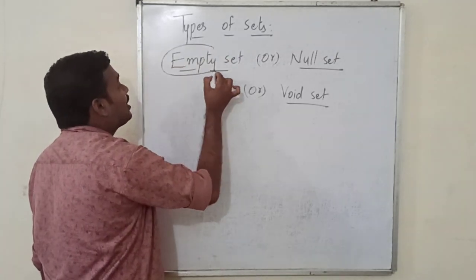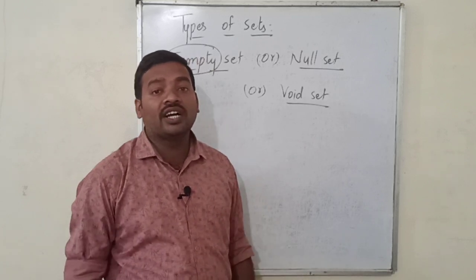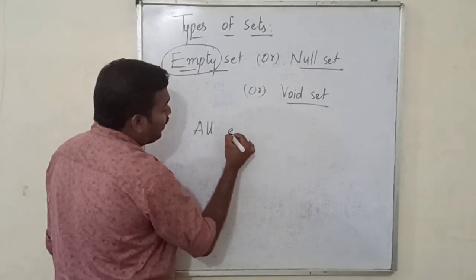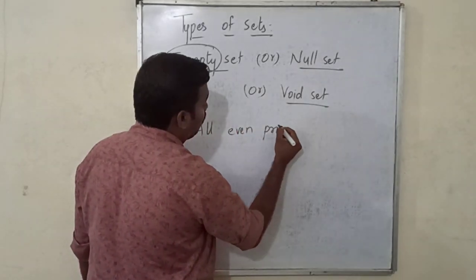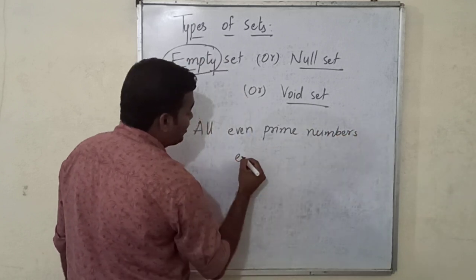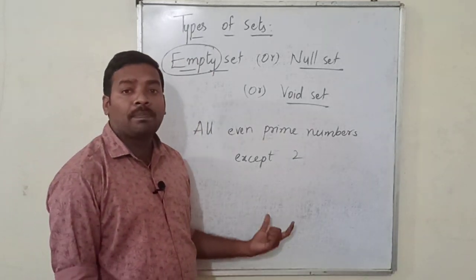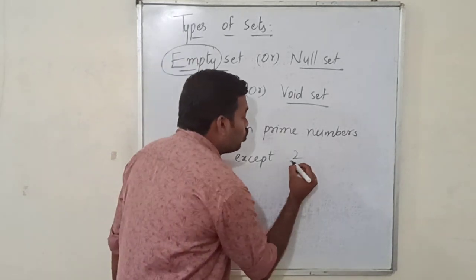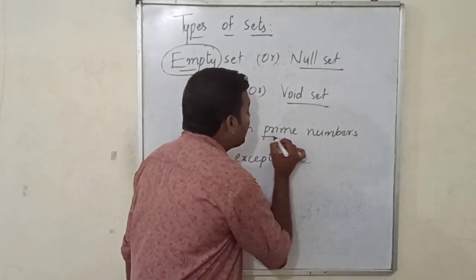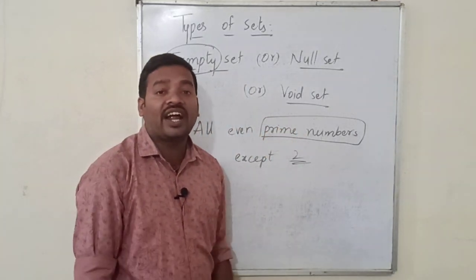Empty, the name itself suggests that the set is empty. That means there is no element in the set. If I say all even prime numbers except 2, all other even numbers are divisible by 2, but prime numbers are the numbers which are not divisible by any number other than itself and 1.